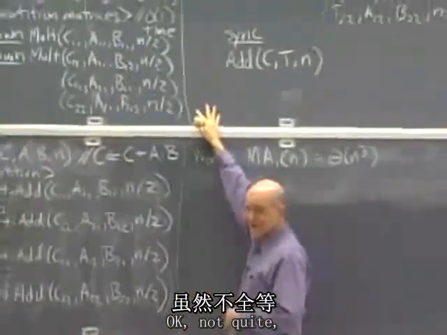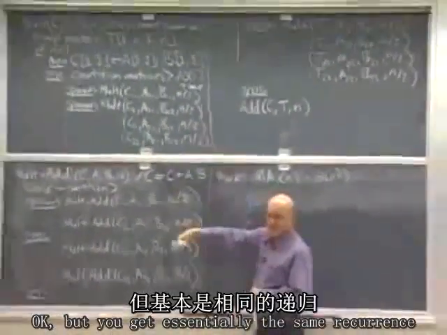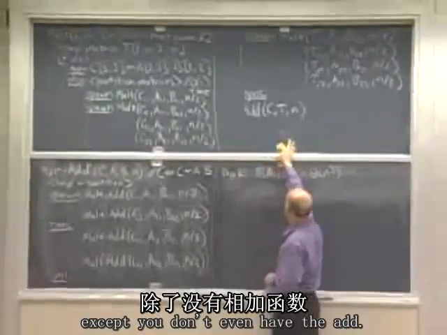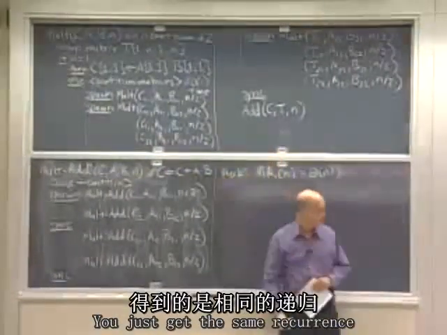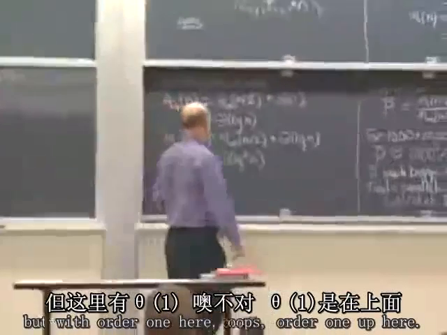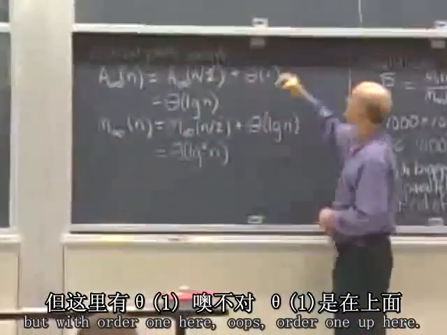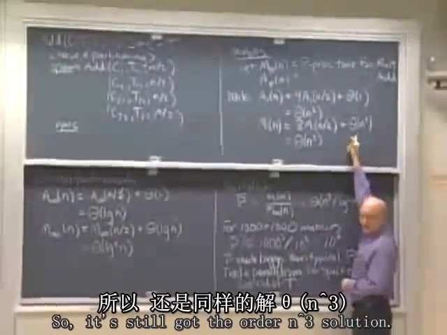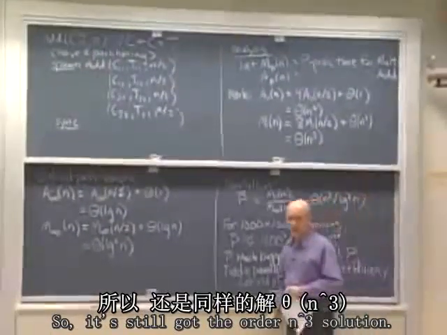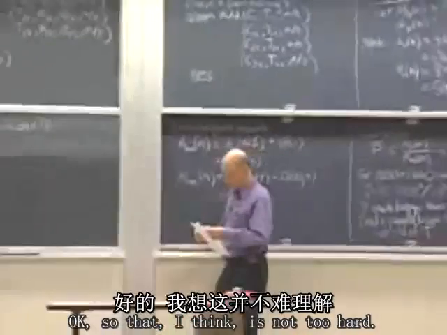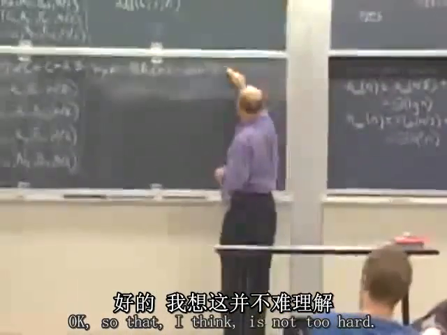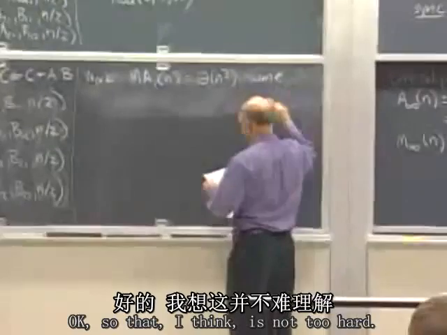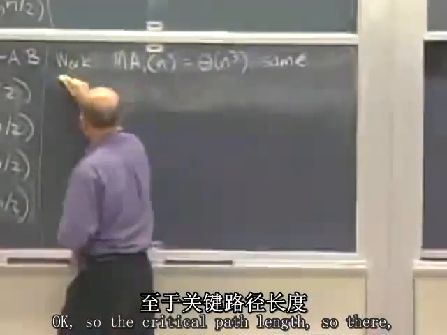Okay, not quite. But you get essentially the same recurrence, except you don't even have the add. You just get the same recurrence, but with order 1 up here. So it's still got the order n cubed solution. Okay, so that I think is not too hard. Okay, so the critical path length.